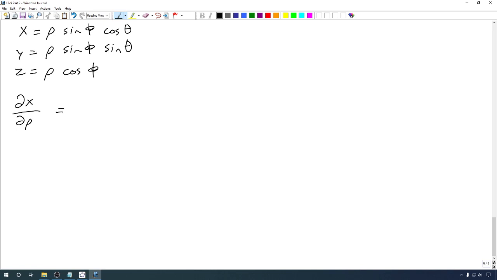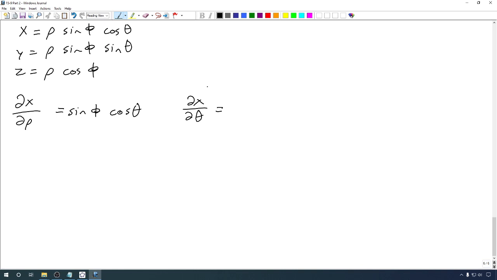So let's start with rho. Derivative of x with respect to rho. Well, sine phi and cosine theta don't depend on rho, so that's a constant. The rho just ends up going away. If we differentiate x with respect to theta, now the rho sine phi don't matter. They're just constants that come along for the ride.